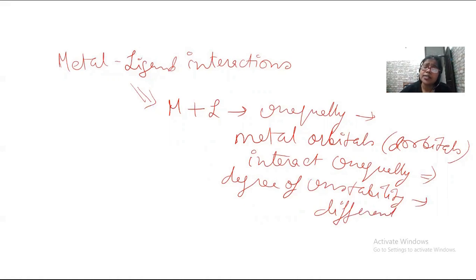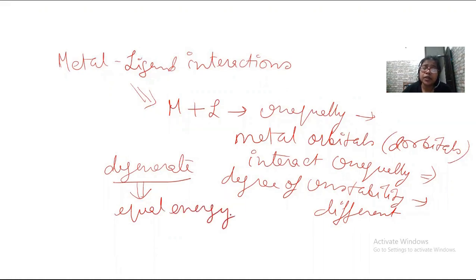Why is this becoming unstable? Because see, initially when there was no ligand present, all the metal orbitals were degenerate, that is, they were of equal energy. The term degenerate means equal energy. But when the ligand keeps on approaching, this degeneracy gets disturbed.